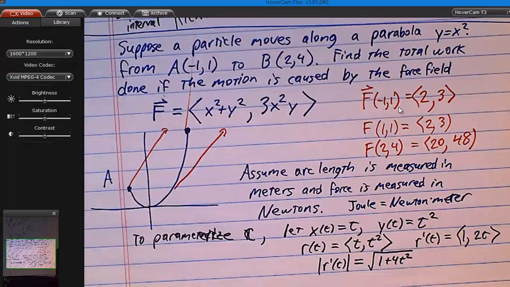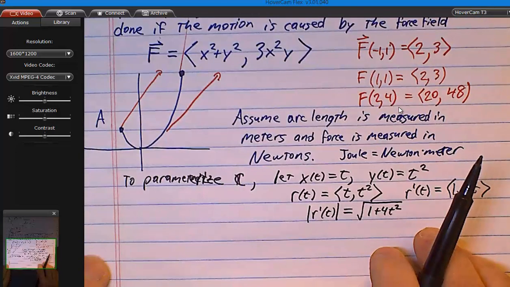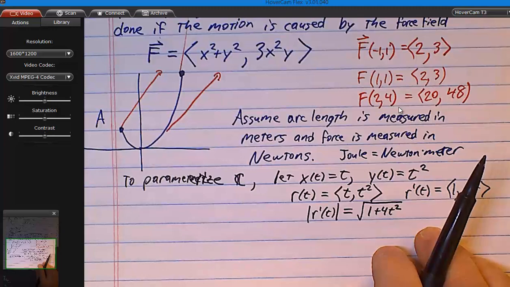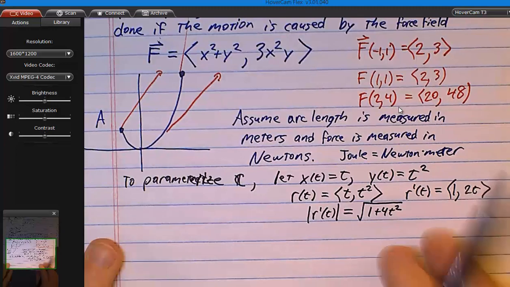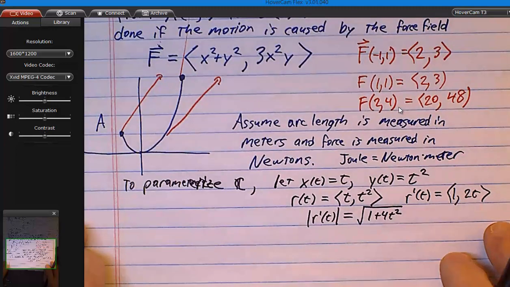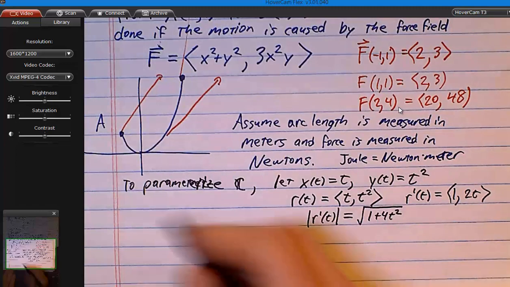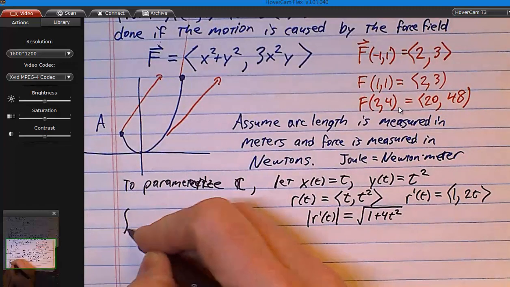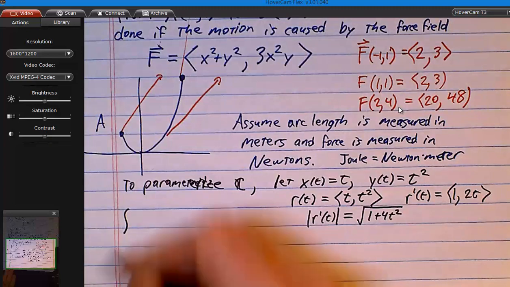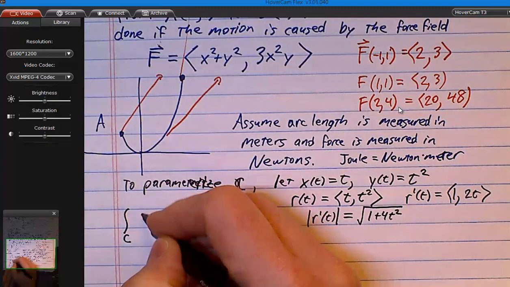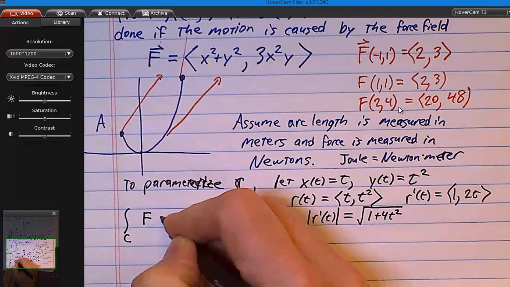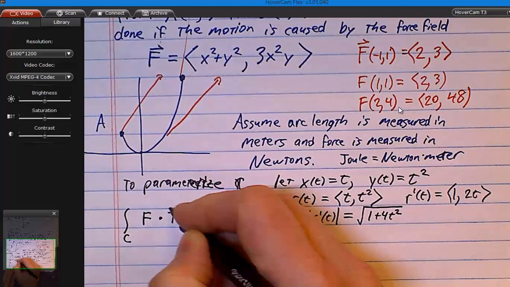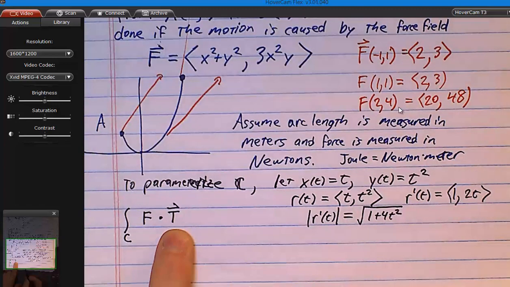So let's work out what we have here. Maybe I should rewrite F in the same way. I'm running short of room, but we can try to put it here. The integral over the curve of F dot T. Now, what's T again?